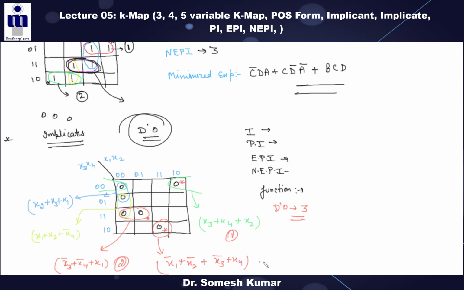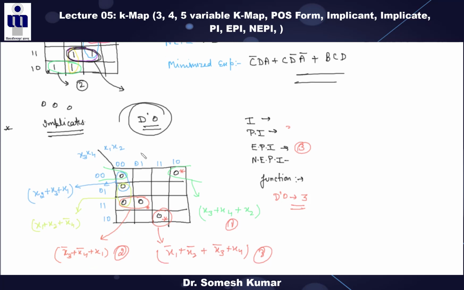This is your third EPI. So these are your EPI, right? And what are your non-EPI? So prime implicants, this one, 1, 2, 3, 4, 5, right? And it comes 2. Now one thing, how many implicants?